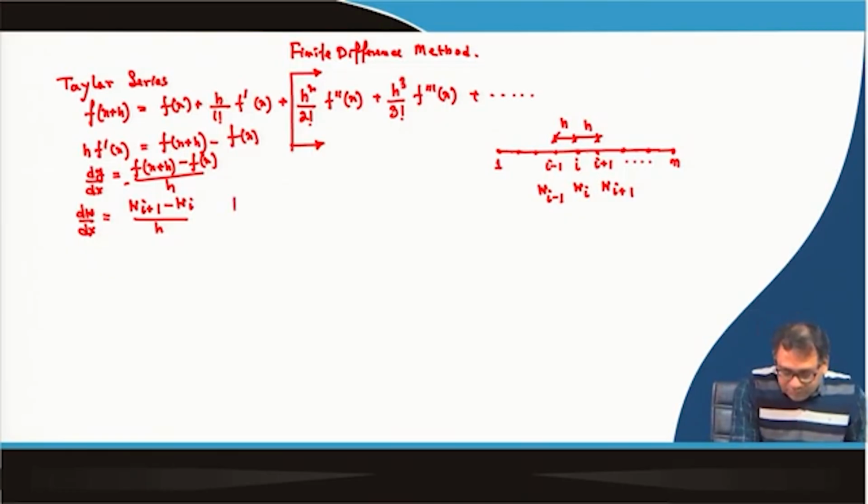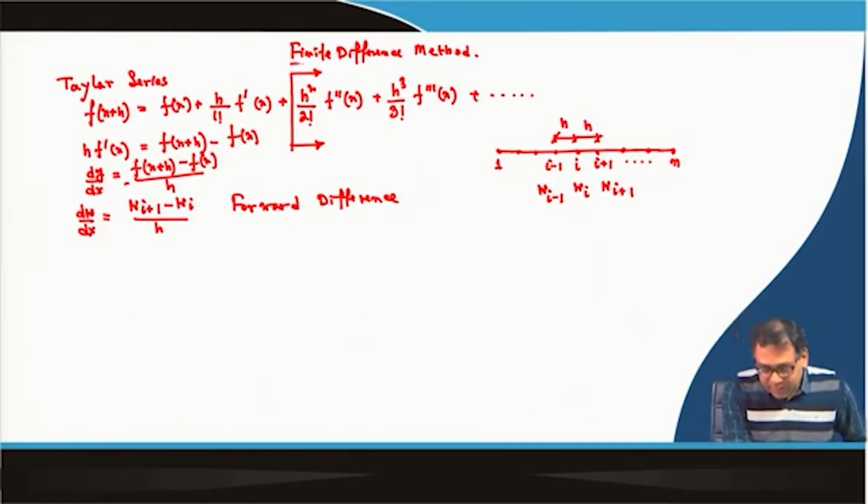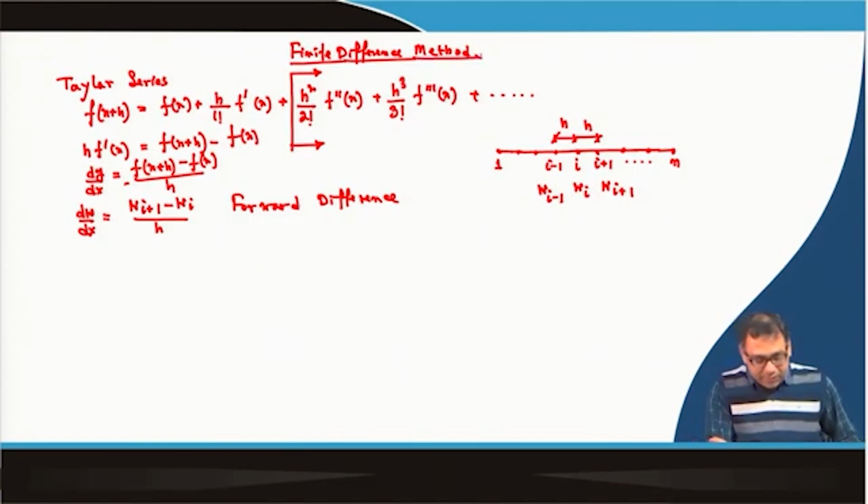So, this is called the forward difference scheme. Here we are going in the forward direction, so this way I can write dw by dx in finite difference form.